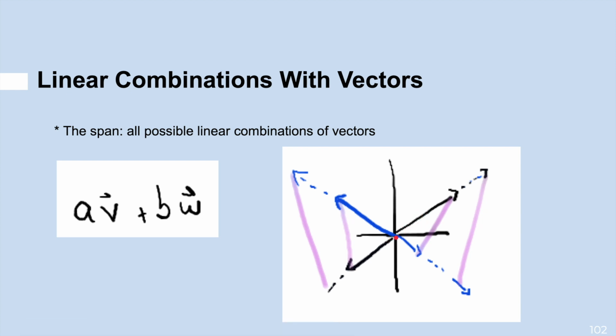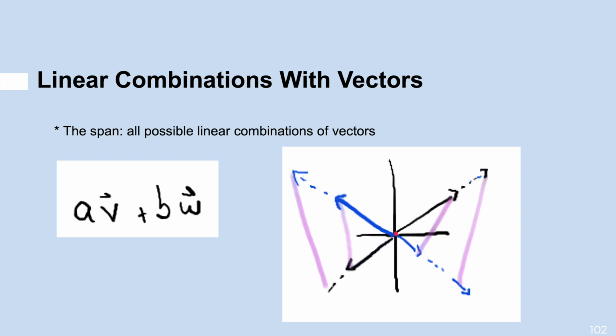Now let's say I have the blue vector, and I can do the same things to it. So let's say the vector V is the black one, and vector W is the blue one. If I were to add them together, I'm connecting the end of the one to the other one.